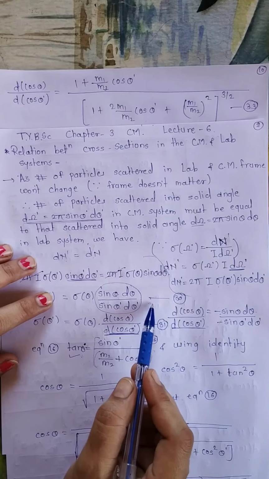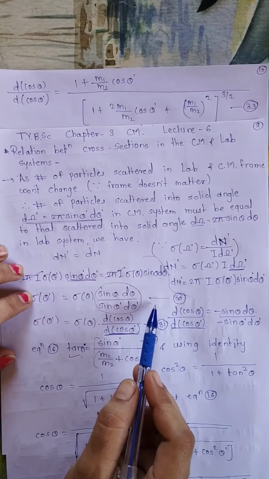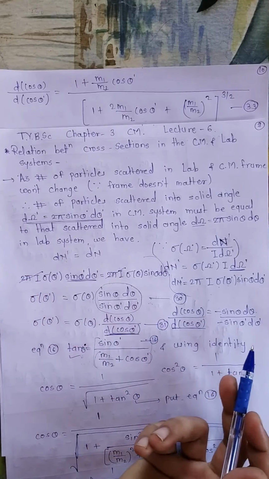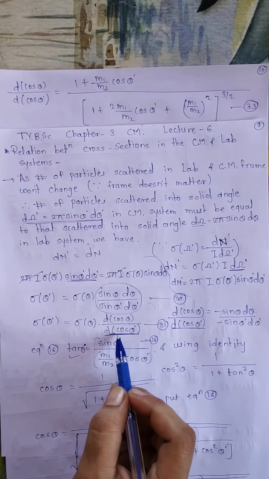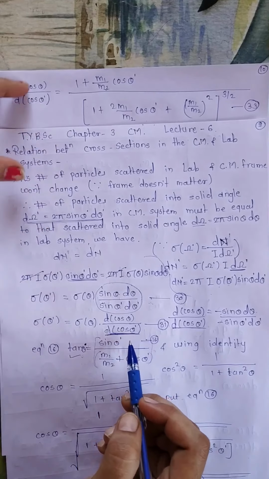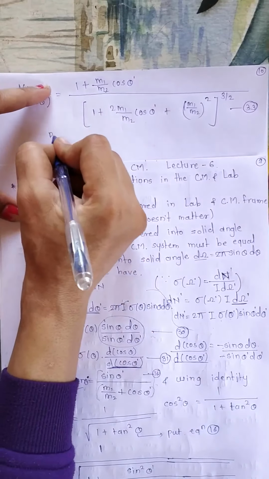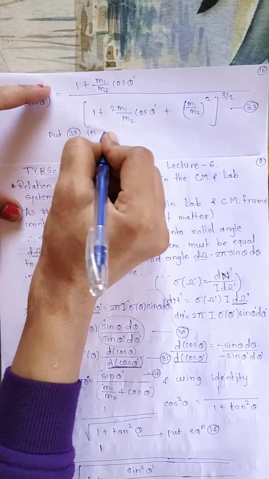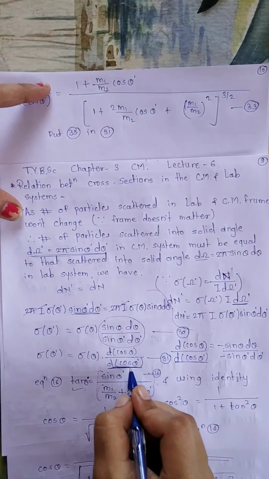So if we put the value of equation 33 here, that is 31, put equation 33 in equation 31. So this is our 31.